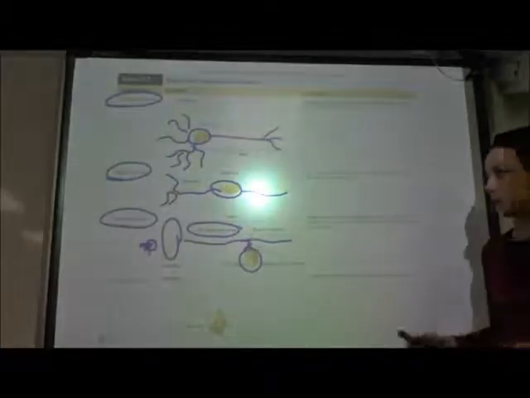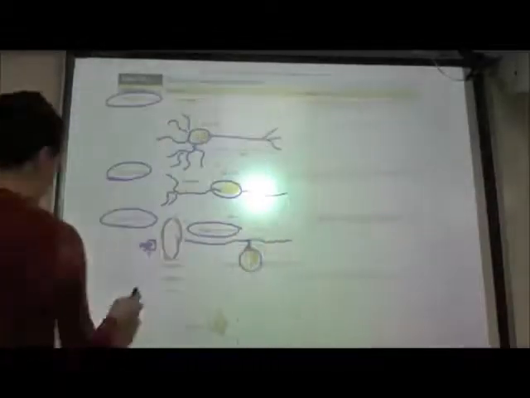And then the last type of neuron that we have by structural classification is anaxonic, an meaning without, and axonic being axon.